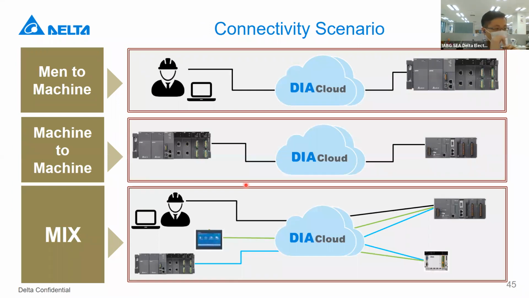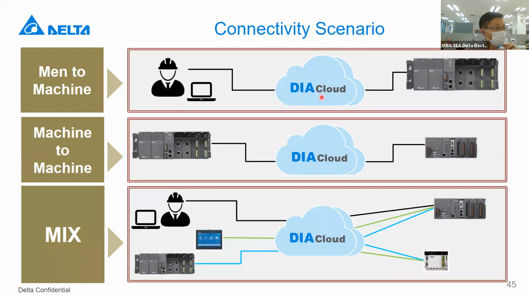Okay, and here I would like to show some connectivity scenarios. The first one is man-to-machine. This is the case where your machine is sold very far from your office, but sometimes you need to support the customer.